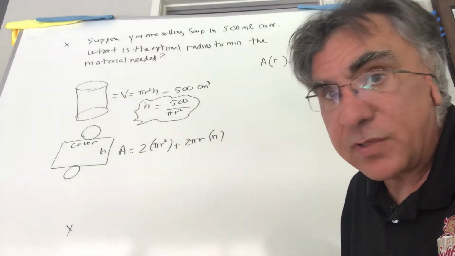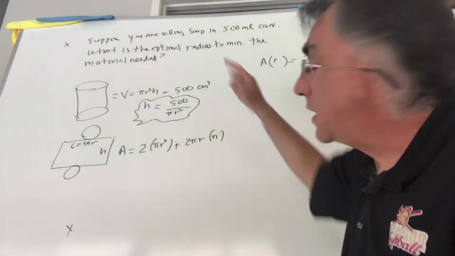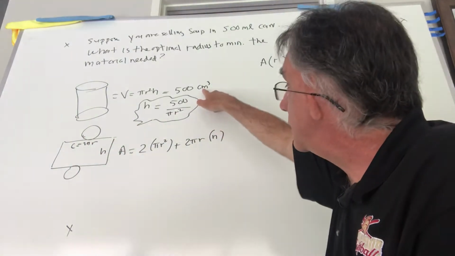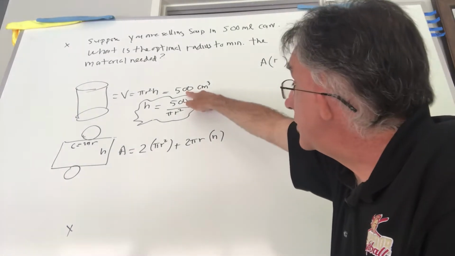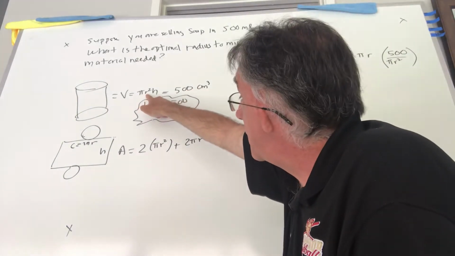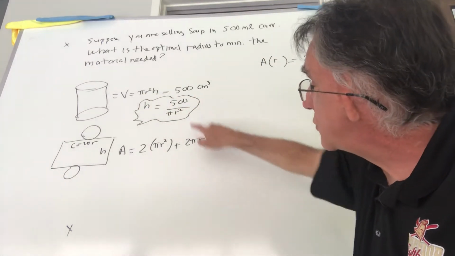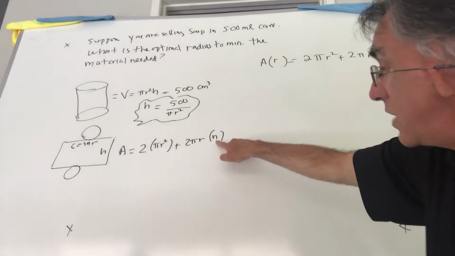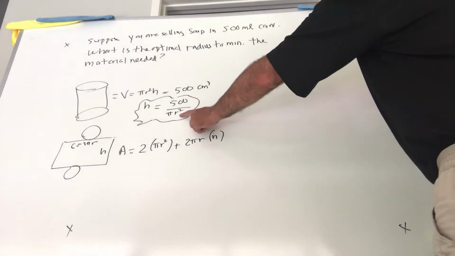So we can go from this liquid milliliter to surface area, to centimeters, right? So in case you've forgotten that, 1 milliliter is exactly 1 cubic centimeter. So I have 500 cubic centimeters. If I divide by pi r squared, I can actually get h in terms of r. So where that h is right here, I'm going to put this in for h.